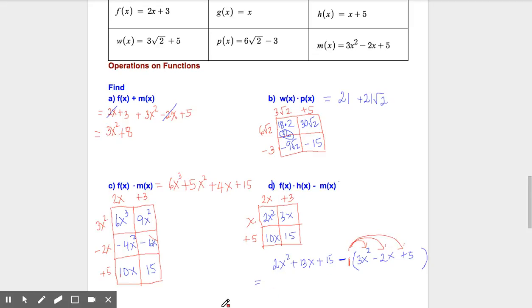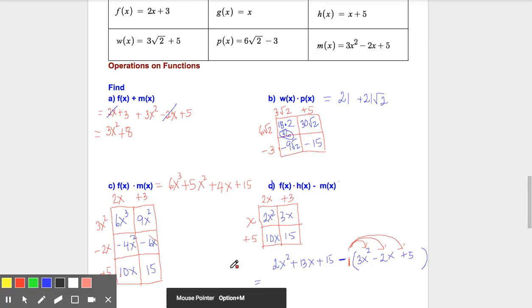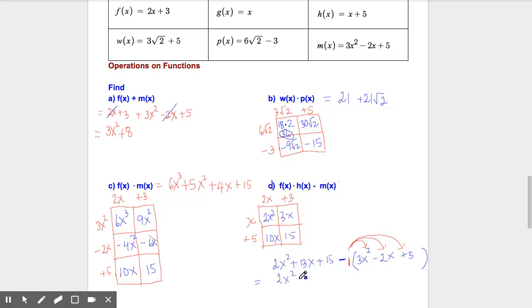So we will end up with 2x squared plus 13x plus 15 minus 3x squared plus 2x, because negative times negative is positive, and then -1 times +5 is -5.